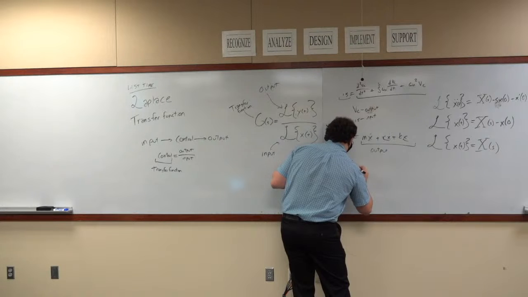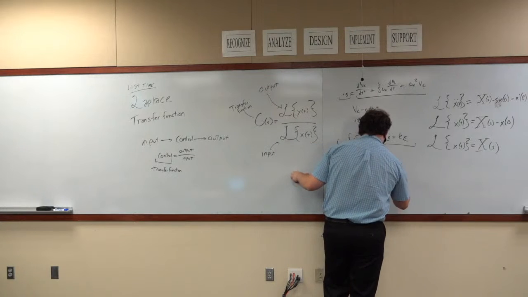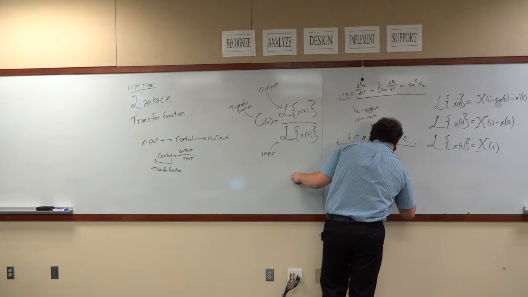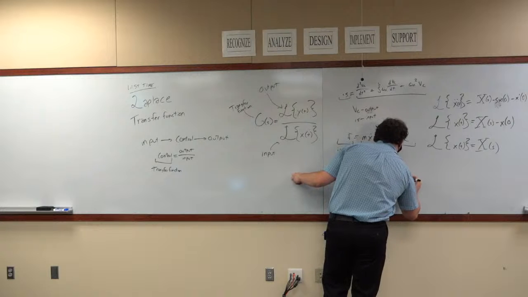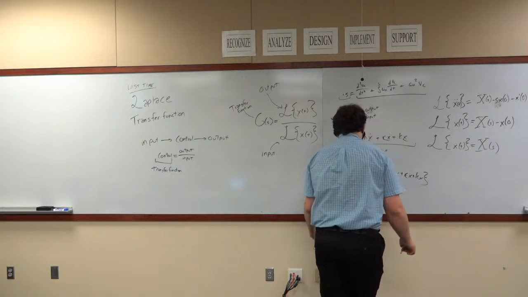Laplace transform of f of t, which is the force function, is equal to the Laplace transform of m x double prime plus c x prime plus k x. Okay?